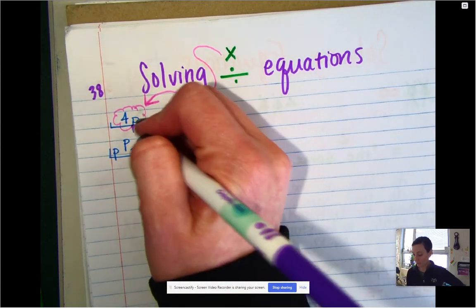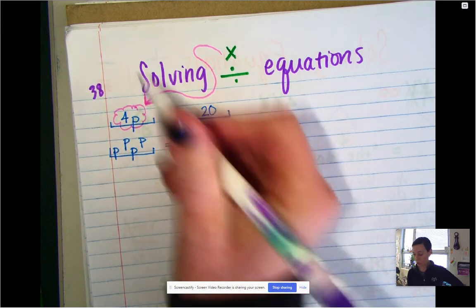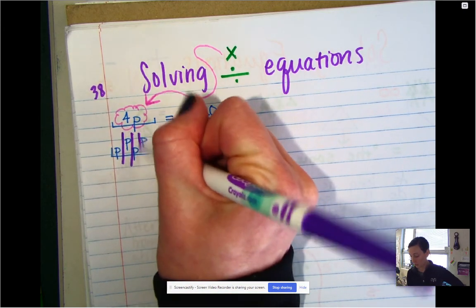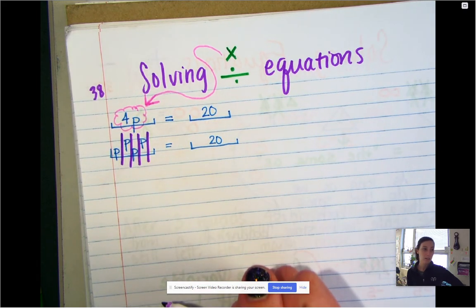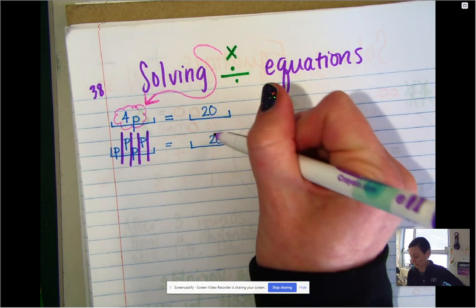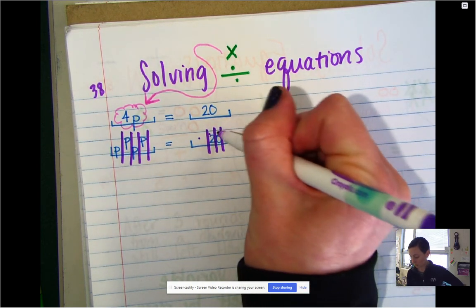So when I'm looking at 4p, and that can be thought of as 4 p's, I need to essentially take this and split it into 4 groups. And I am going to need to take this 20 and split it into 4 groups. 1, 2, 3, 4.